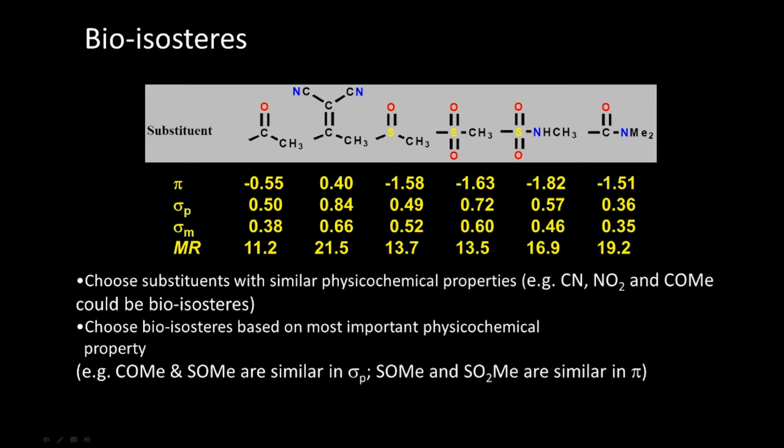Look at this, sigma P, that is when it is substituted in the para position. SOMe and SO2Me are similar in pi, you can see here. Hydrophobicity, not electronic. This is electronic, this is hydrophobicity. Okay, so depending upon which physicochemical property you think is important, we can select. So bioisosteres can be very, very useful when you are synthesizing new molecules with different substitutions.